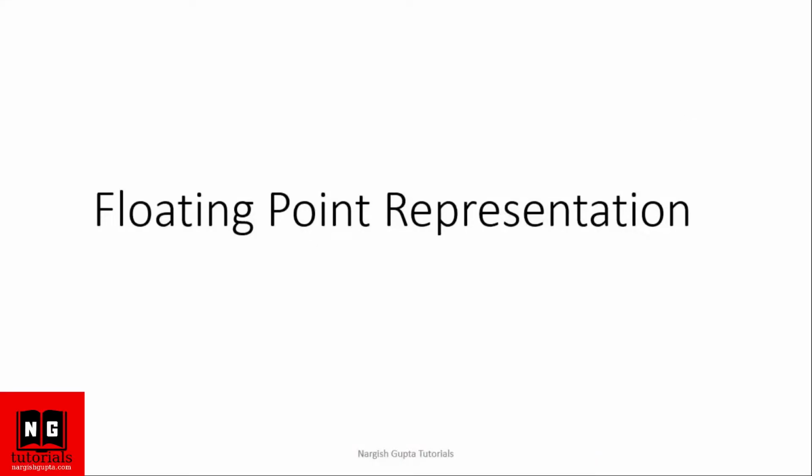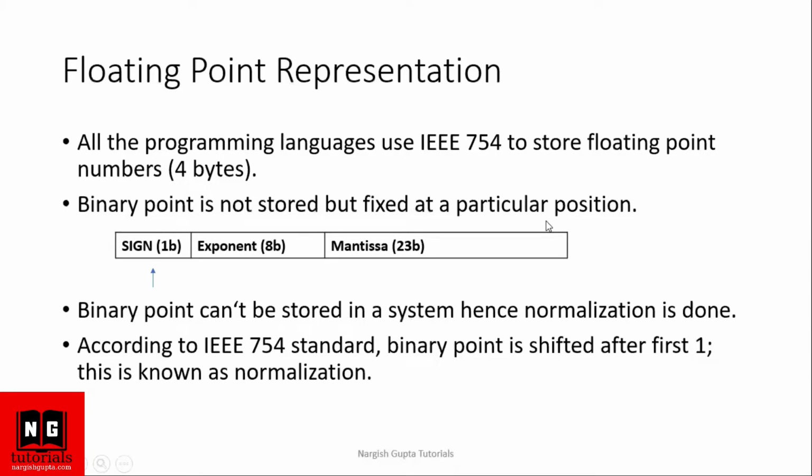So let's start with today's topic, that is floating point representation. Before this, I would like to discuss the fixed point representation first. As we have seen in the fixed point representation, the position of the decimal point was fixed there.